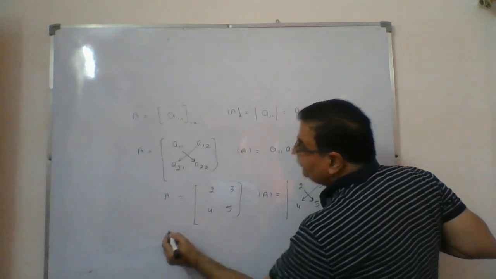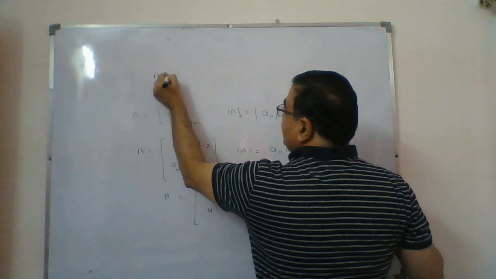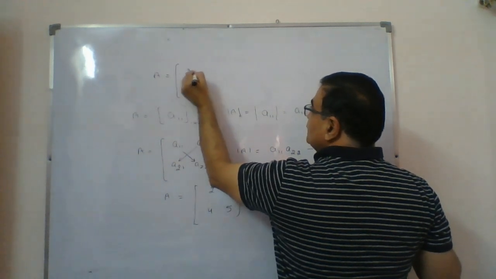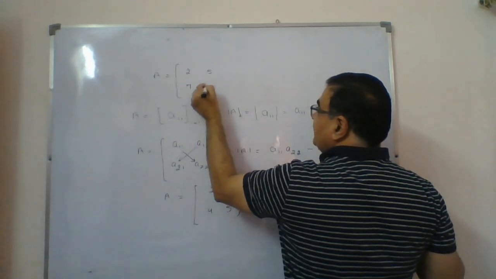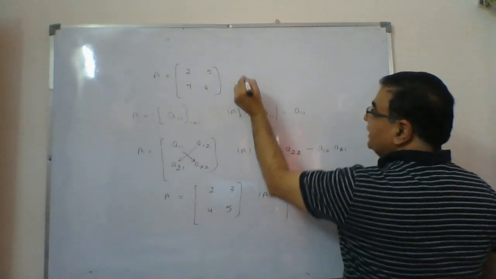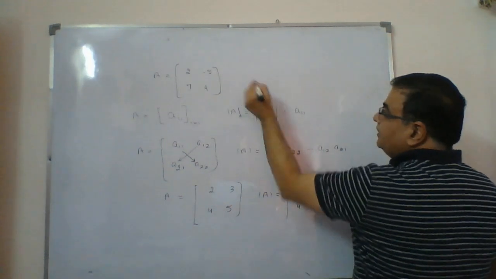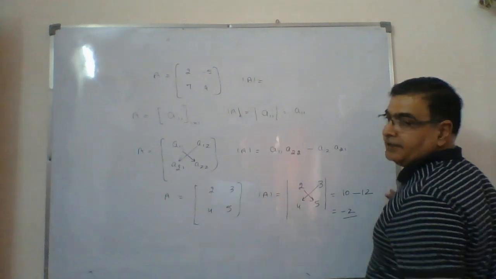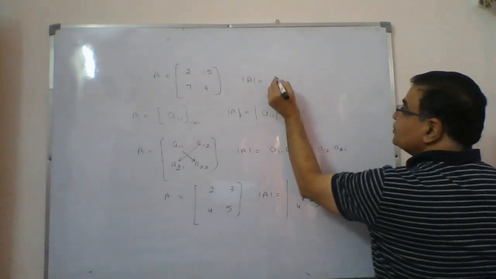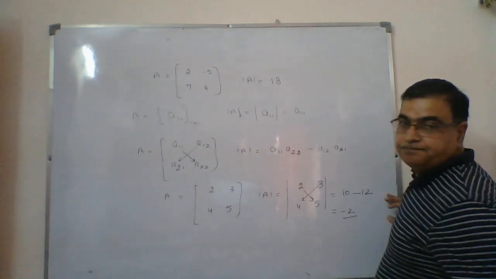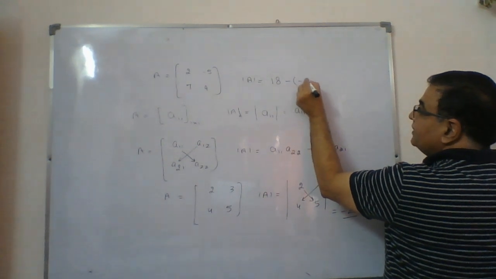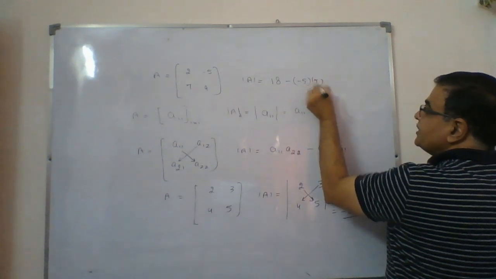By the way, if we have one more example, A is given as 2, 5, 7, 9. And if you take minus 5 here, then you take determinant A. This will be first 2 into 9, it's 18, minus 5 into 7.